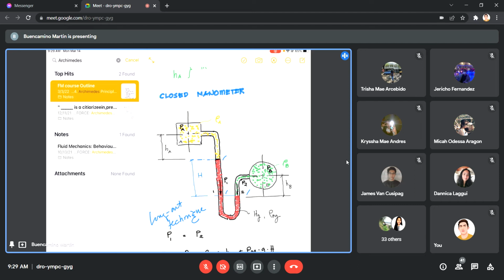So in our vessel A, there is an existing pressure of the fluid inside. Same with our vessel B, there is an existing pressure there. Okay, the pressure would be constant in any direction.